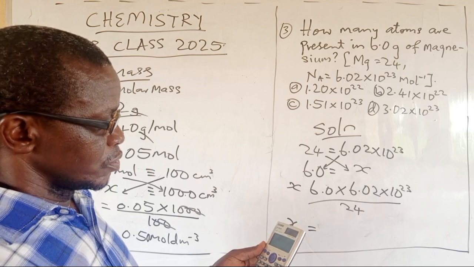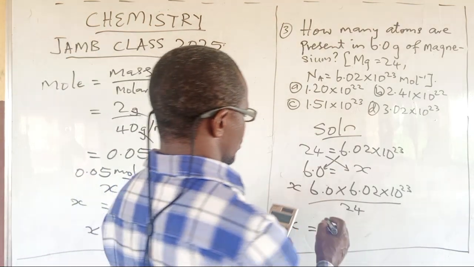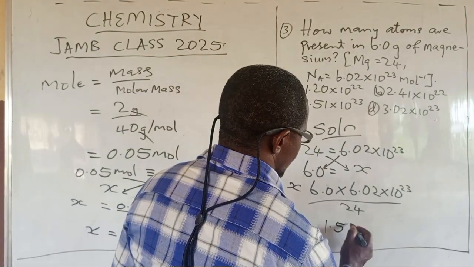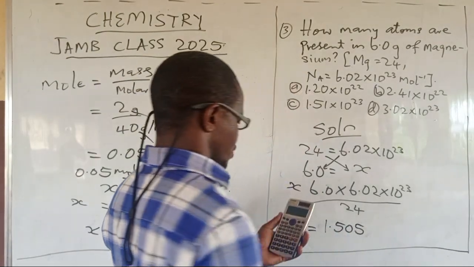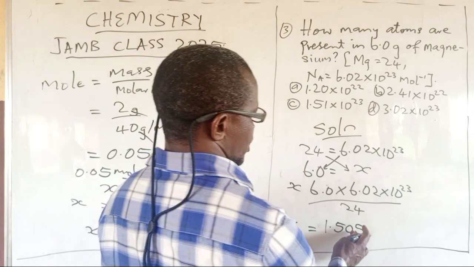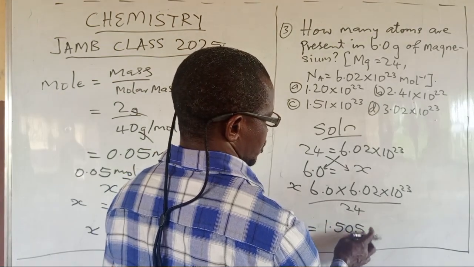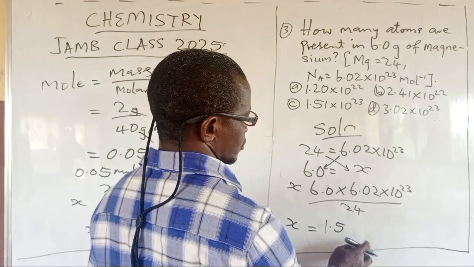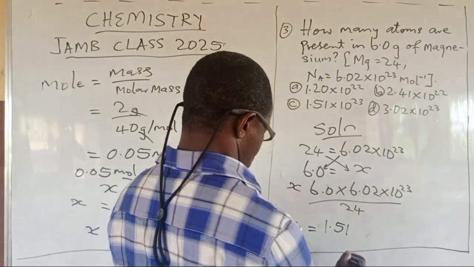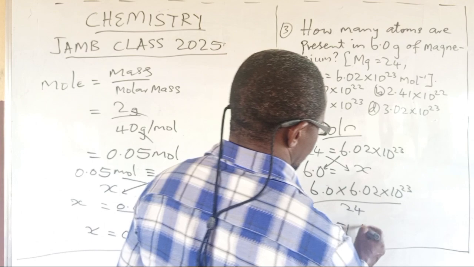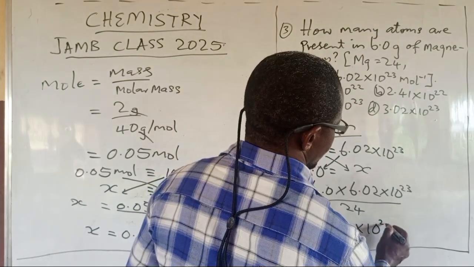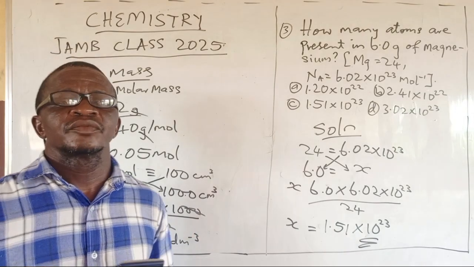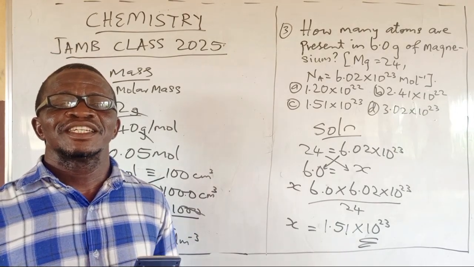That gives you 1.505. Approximate this place and make it 1.51 times 10 to power 23. I believe you are following. Okay.